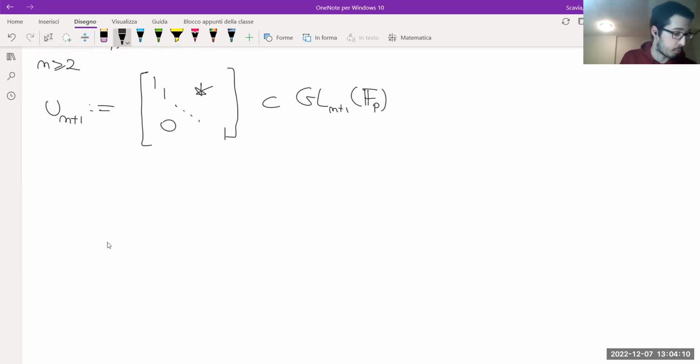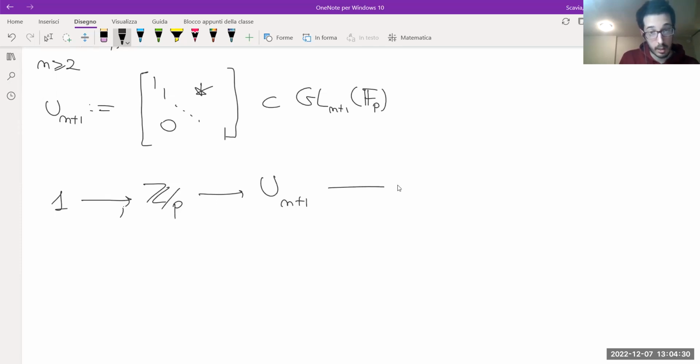This is a p-Sylow subgroup of GL n plus 1 of F p. And we have a central short exact sequence like this. So U n plus 1 is in the middle.